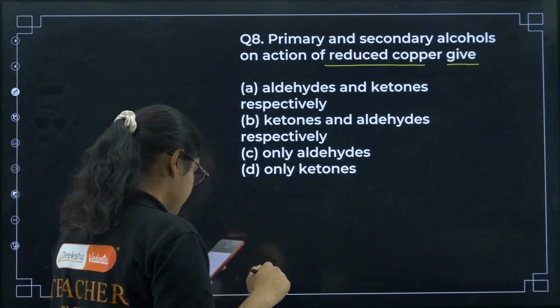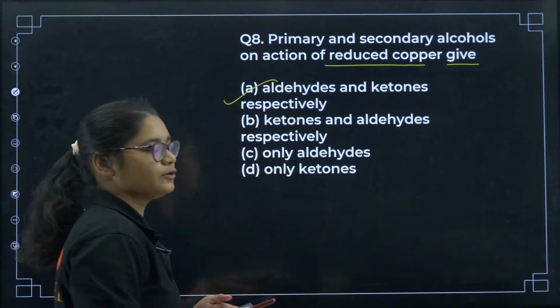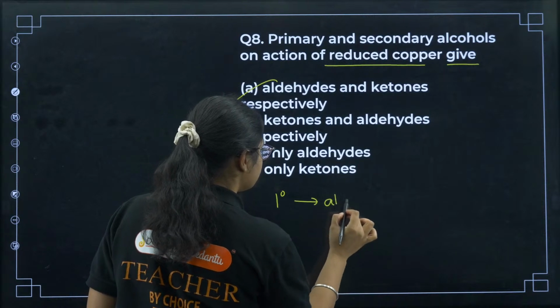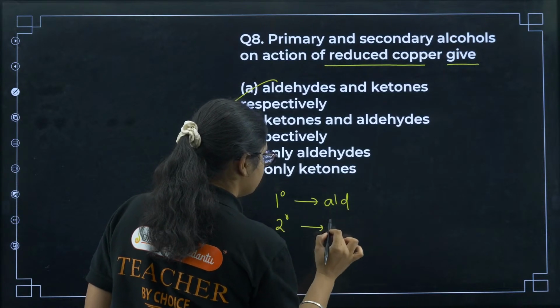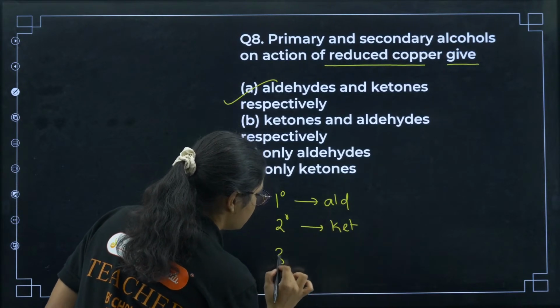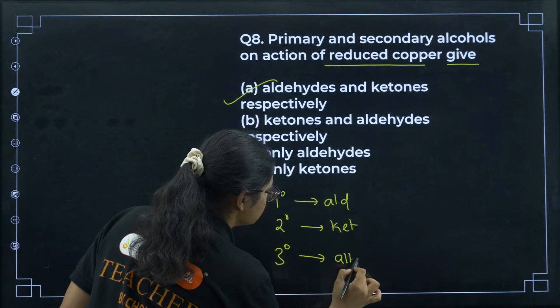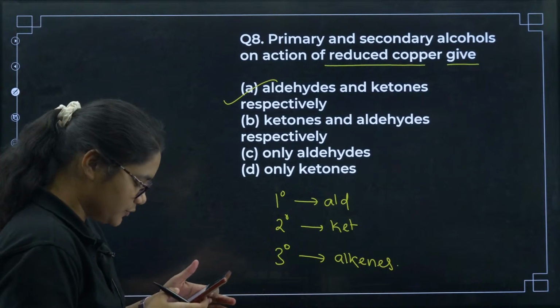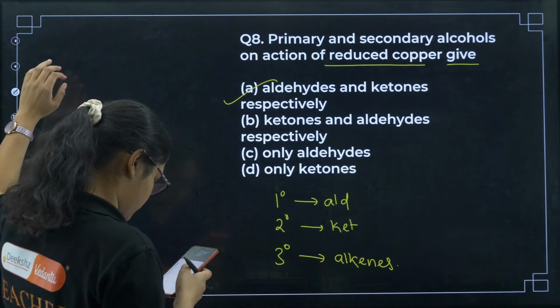Yes, 8th, A is correct, aldehydes and ketones respectively. Primary will give you aldehydes, secondary will give you ketones, tertiary will give you alkenes. Please remember that one, tertiary will give you alkenes. Very good, all of you.